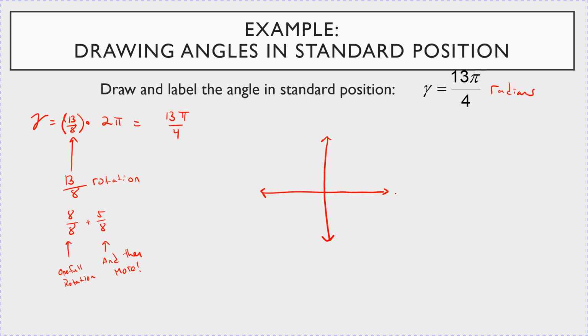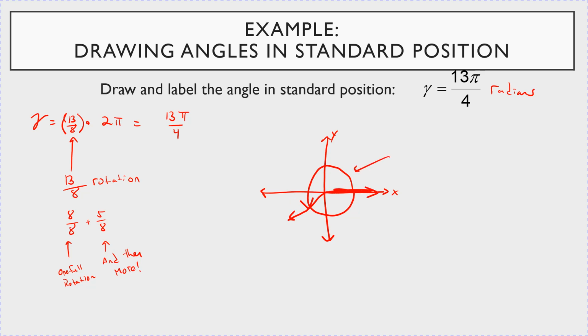So watch how I do this. This is going over. This is 8/8 of a rotation. Then 1, 2, 3, 4, here. It went around and then boom, back again. So it's a crazy rotation.